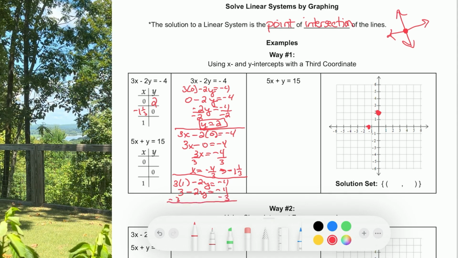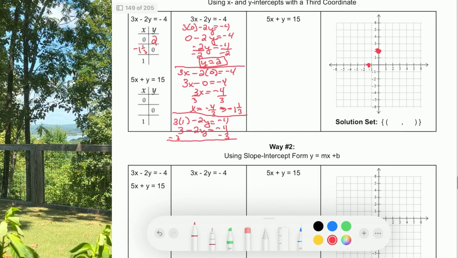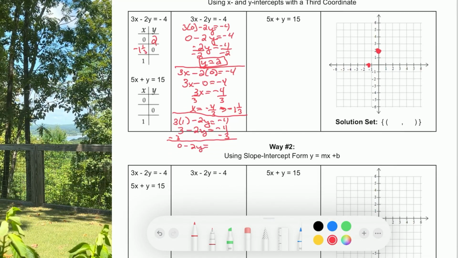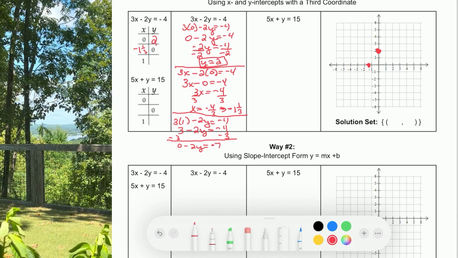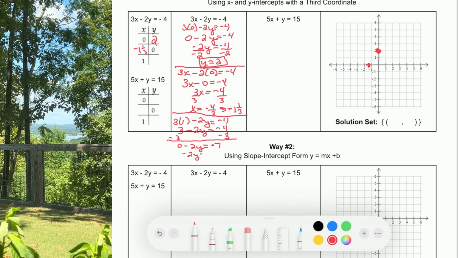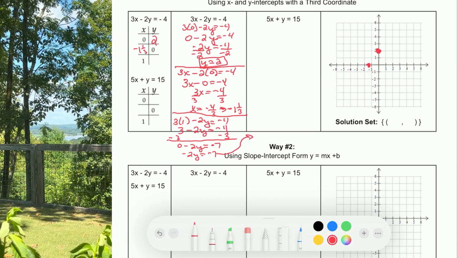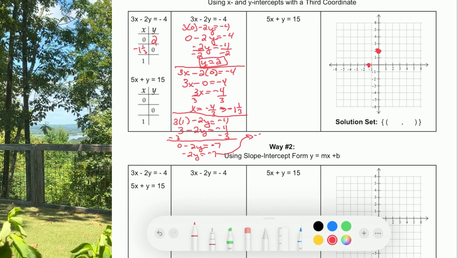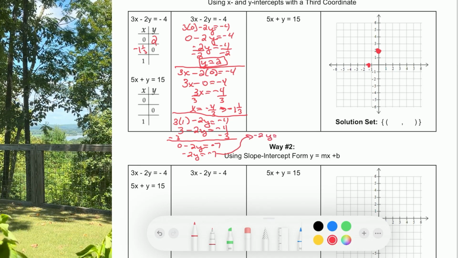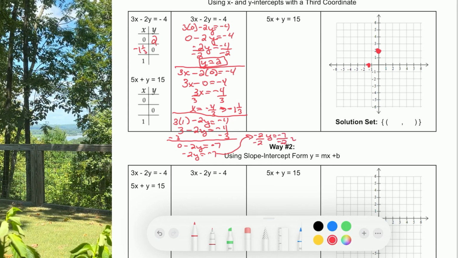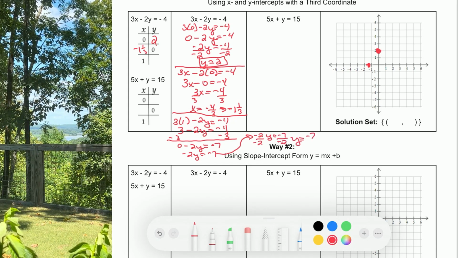I end up with 0 minus 2y equals negative 7. Divide both sides by negative 2, and my y equals negative 7 halves.